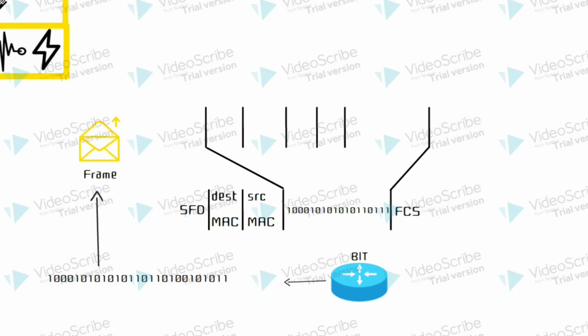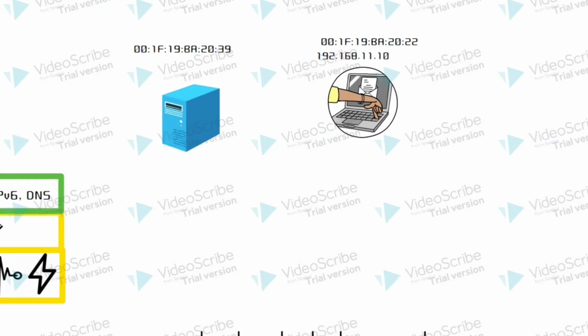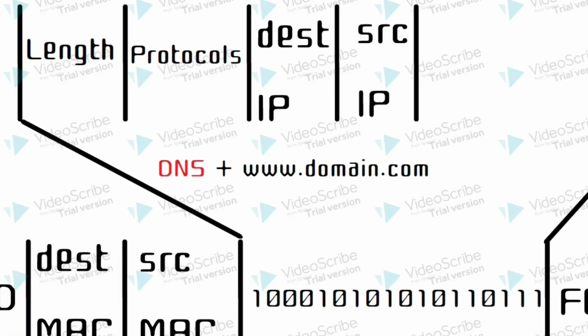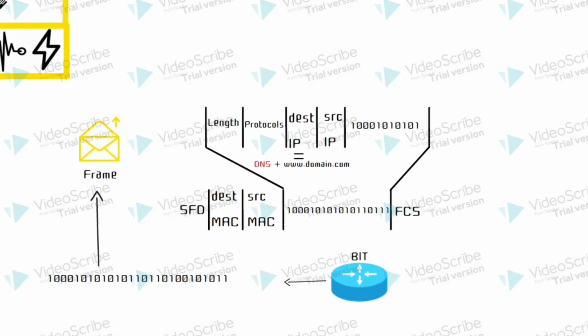The layer's important headers are the length indicator, needed protocols, and destination and source IP addresses, which are provided by IP. An IP address is the logical address of the device. It means it varies depending on the network it's connected to. We can get an IP address by sending a DNS request using the domain of the host. Finally, the actual data section is the last one here. Packet is created.